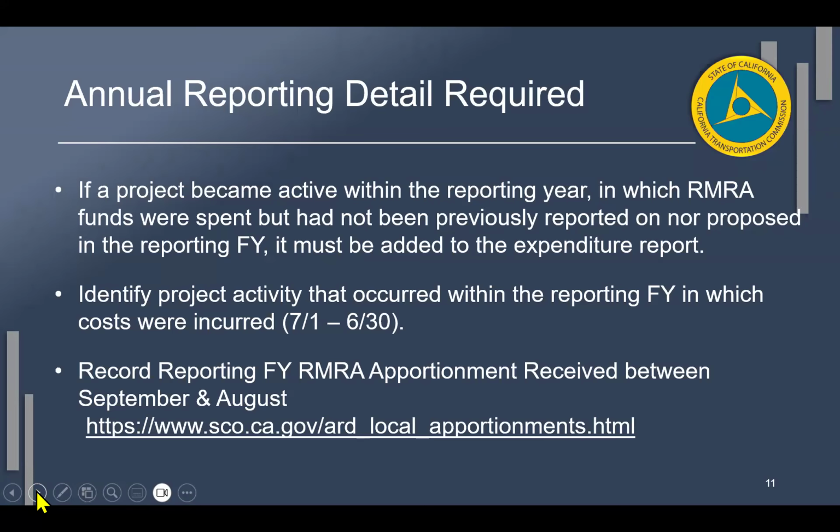Those are not to be attributed to the new fiscal year that you're in. And so a lot of times what we will see is that someone has shorted the amount that they said they received because it did not include those 2 months. So again, all of that's in there.